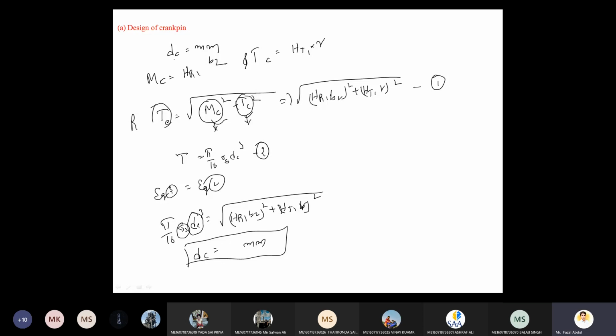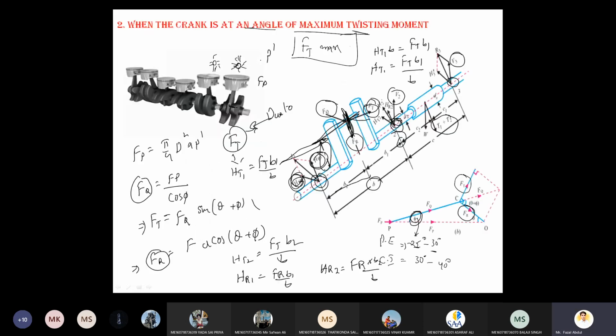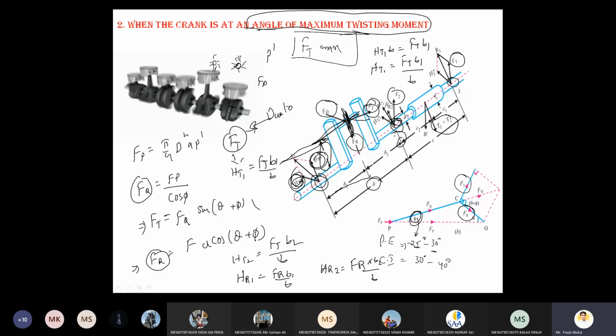That is the title, design of crank pin at an angle of maximum twisting moment. At the starting we also calculated one DC value. That DC value is based on maximum bending moment. This is based on maximum twisting moment.